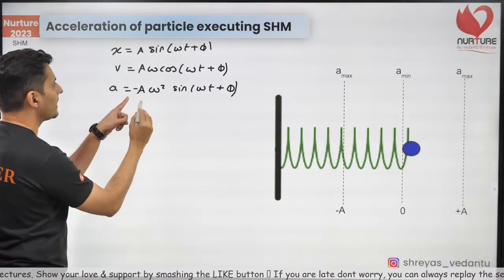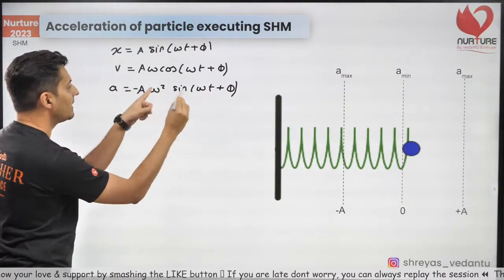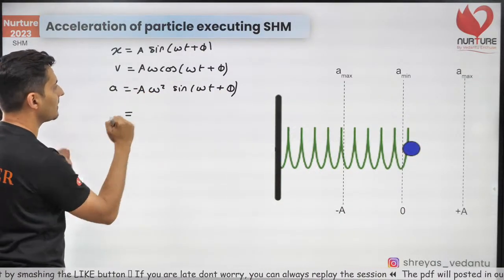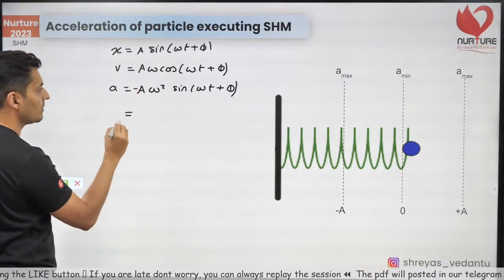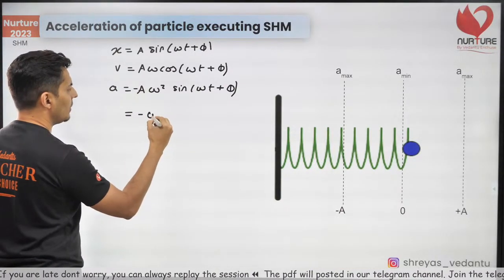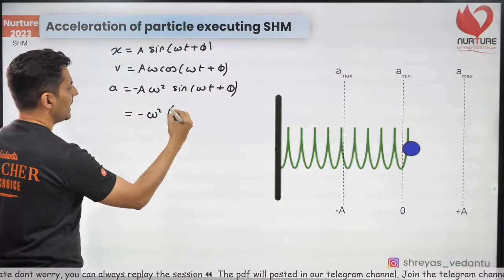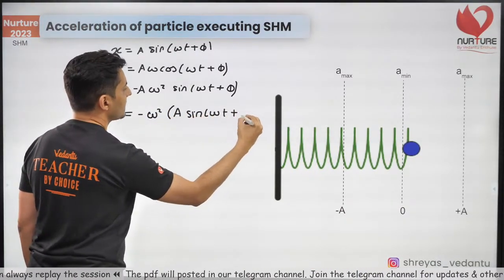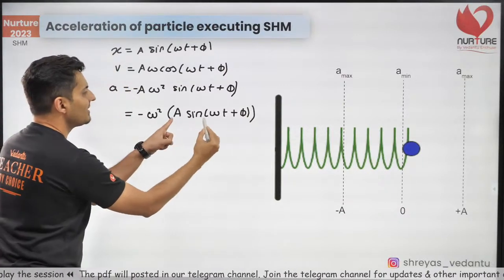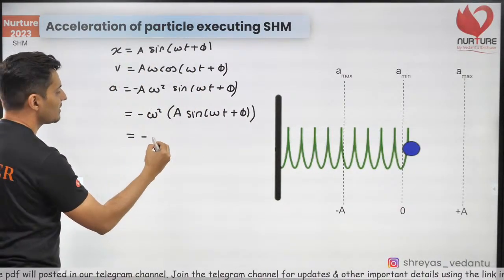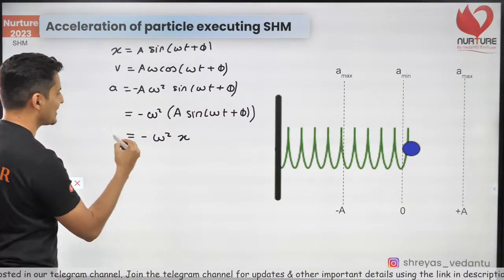If you notice, there are some interesting terms. Observe this expression carefully. Bring minus omega square here, and in the brackets put a sine omega t plus phi. What is this a sine omega t plus phi? It's nothing but x. So this will be just minus omega square x.